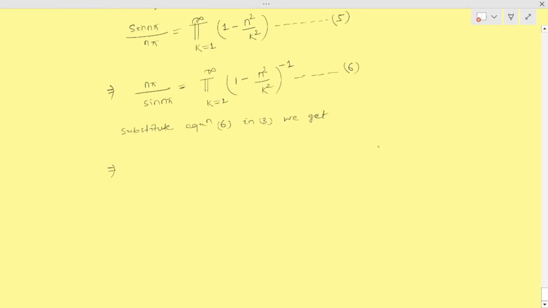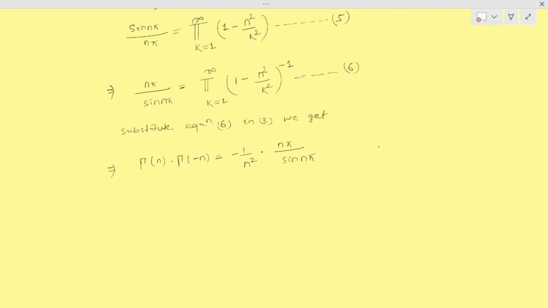That implies gamma n into gamma minus n equal to minus 1 by n square into n pi by sine n pi, right? Okay.